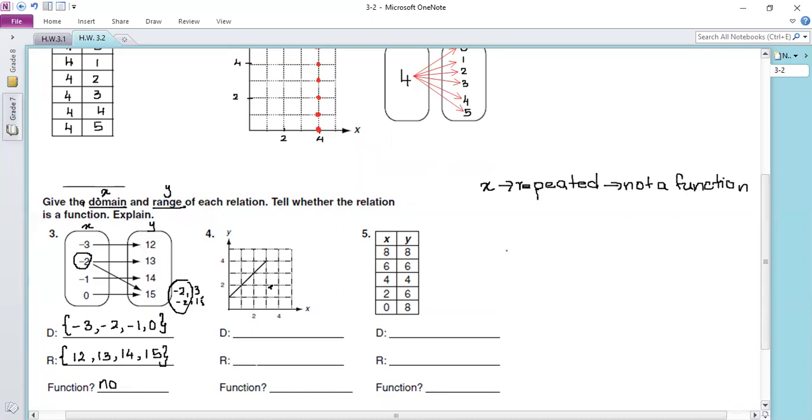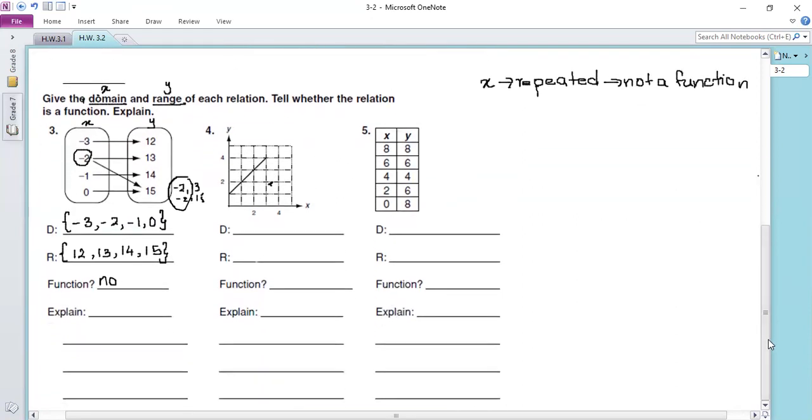So how are you going to explain? You just have to say that value of -2, so let me write the explanation. Now you can explain it in your own words, but it's totally up to you. But the idea should be the same.